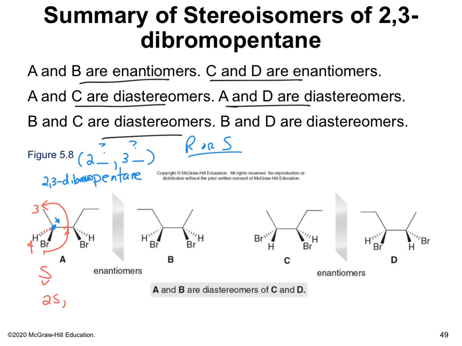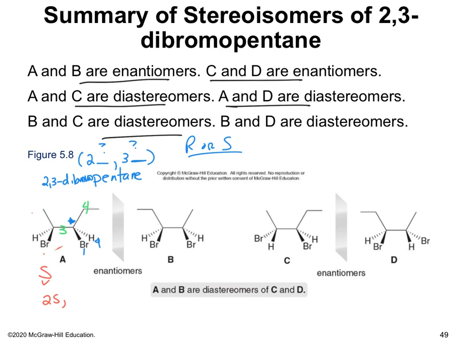And then I've got to do the same thing with the next carbon, the 3. Okay, so this is 1, and this is the 4 priority. This is going to be 3, and this is going to be 4.